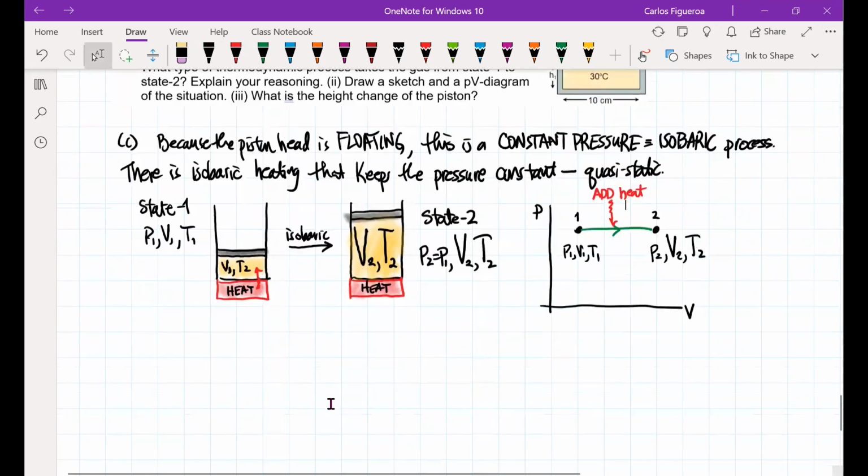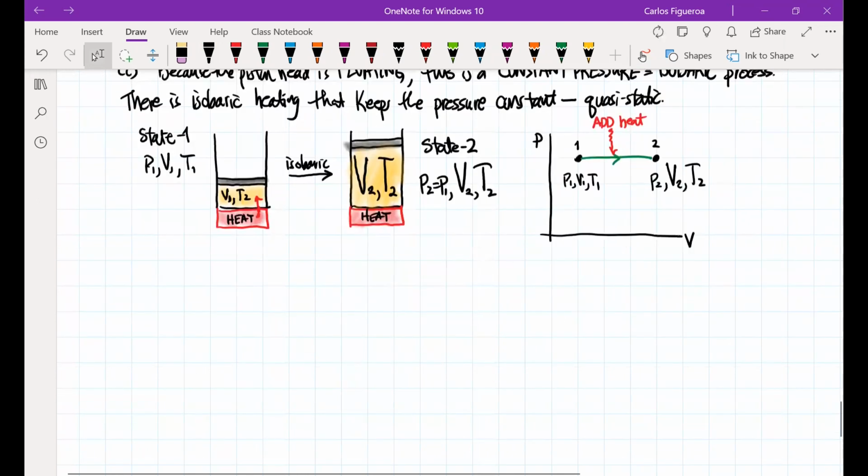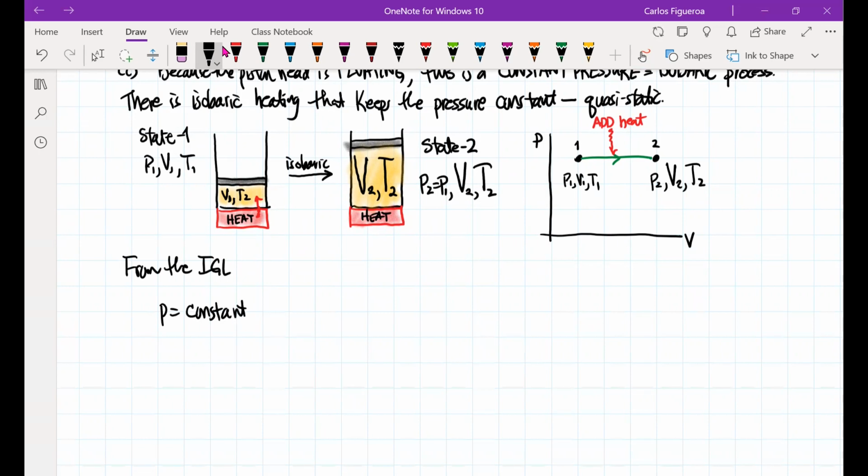Now from the ideal gas law, we see that the pressure has to be a constant. According to the ideal gas law, it's nRT divided by V. Note, because this is an enclosed container, the number of moles is fixed, and of course the gas constant is a constant.